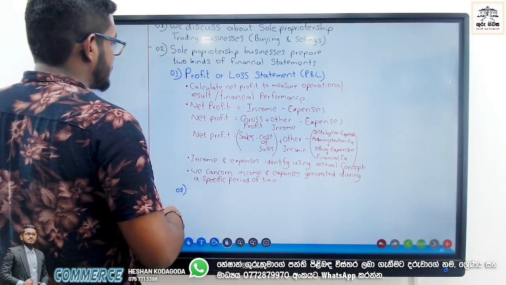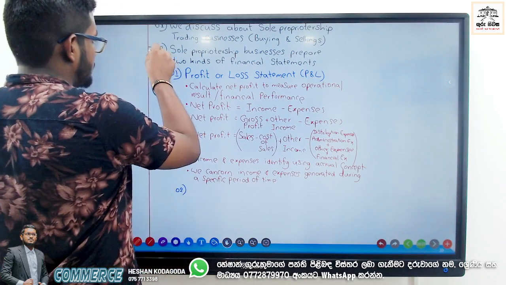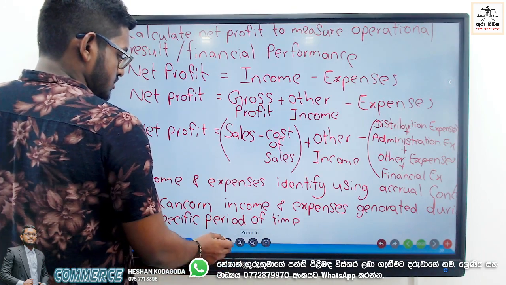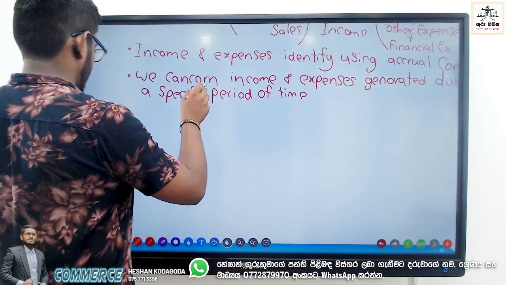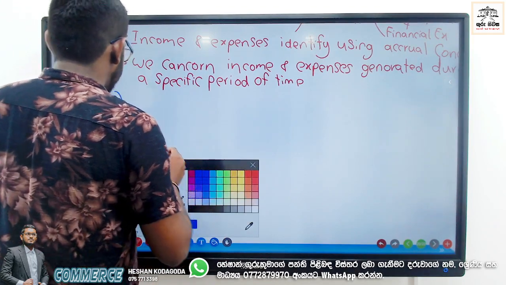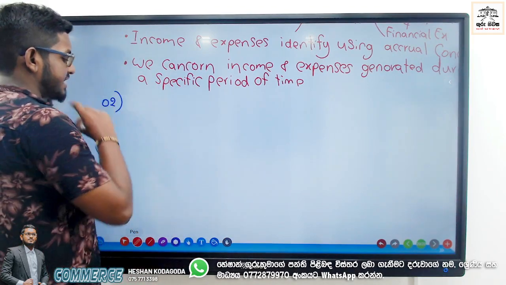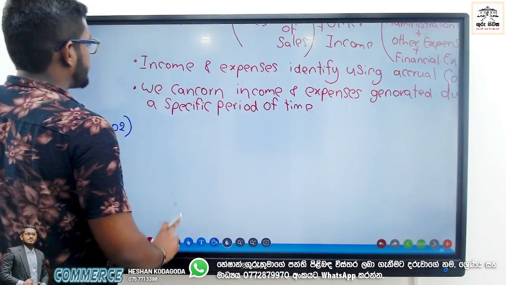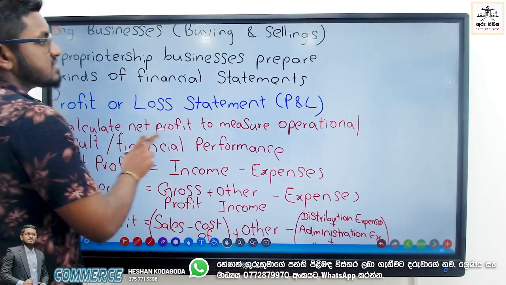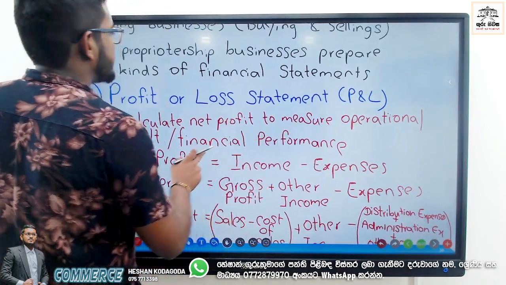And there will be another third one, right? Which means third one means main bullet, right? This is the second financial statement. We can identify the sole proprietorship businesses prepare two kinds of financial statement.